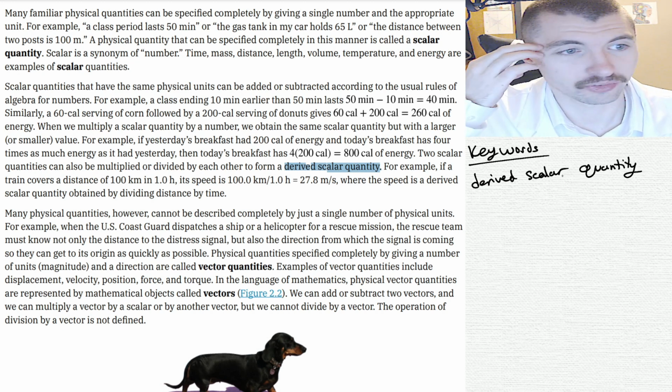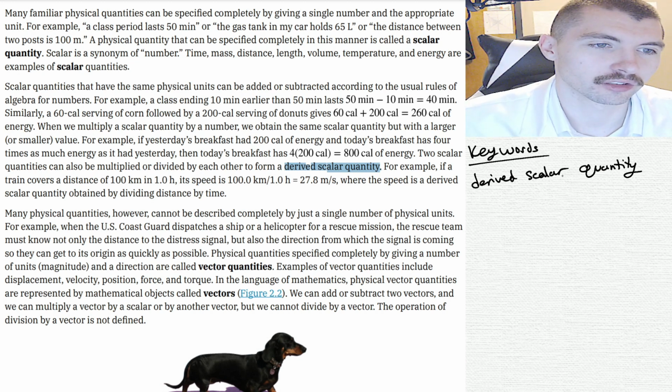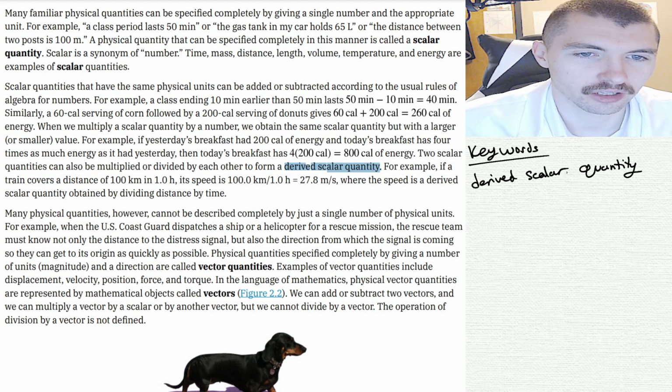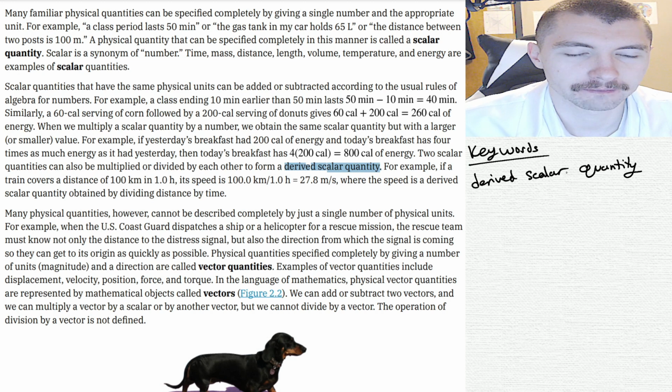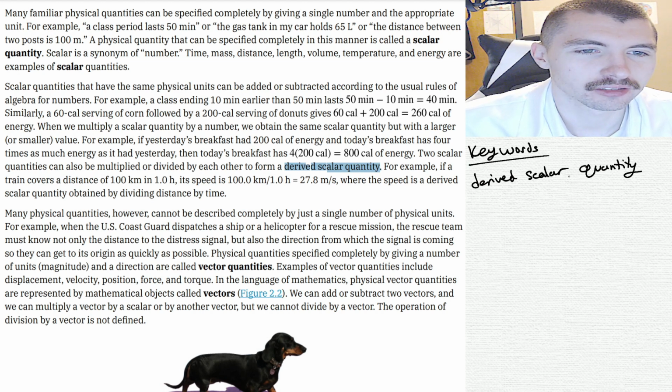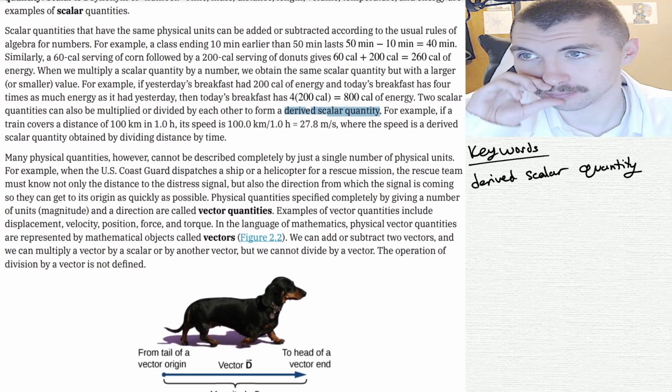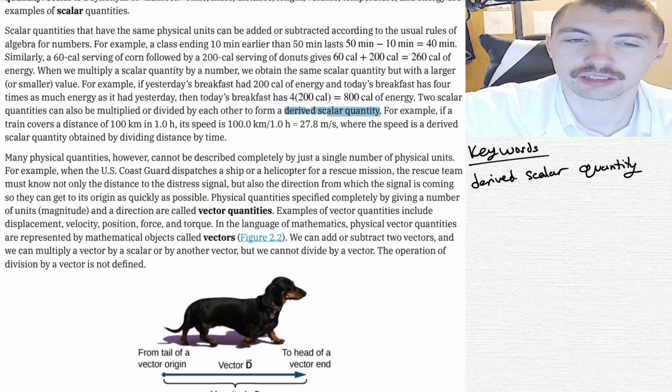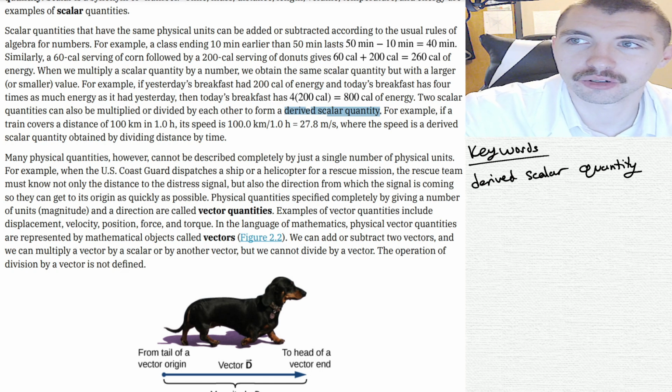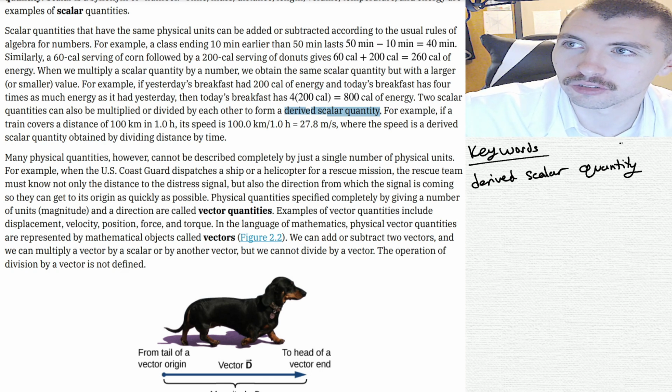For example, if a train covers 100 kilometers per hour, it's 100 kilometers per hour. Speed is a derived scalar quantity. Okay. So, like, derived scalar quantity. So, meters a second.